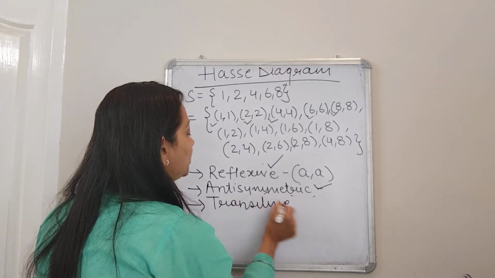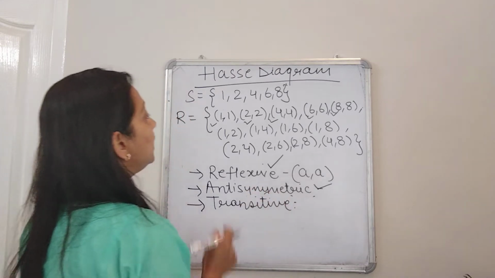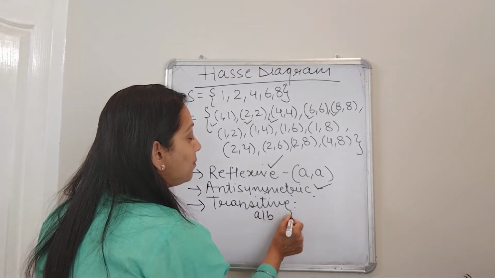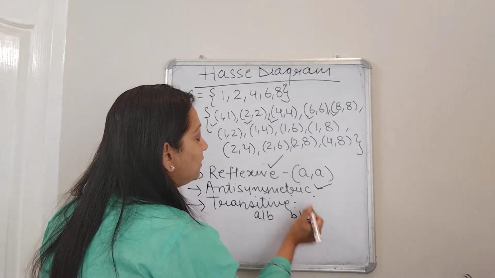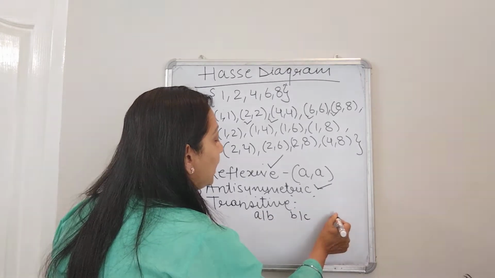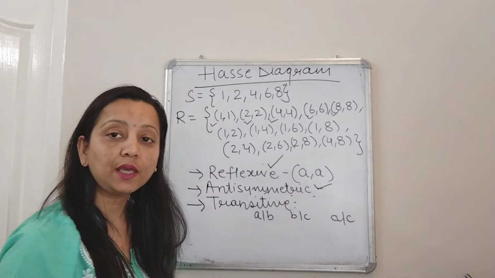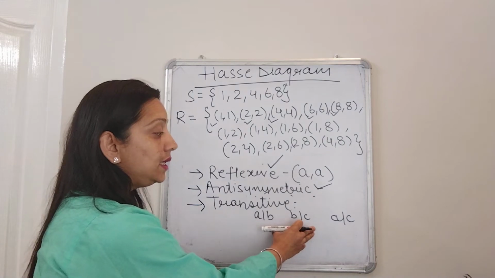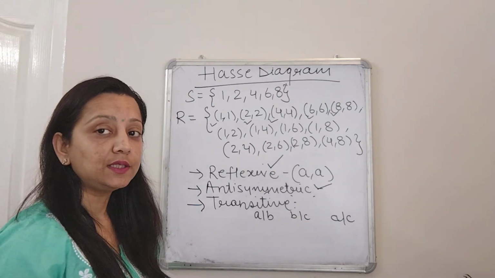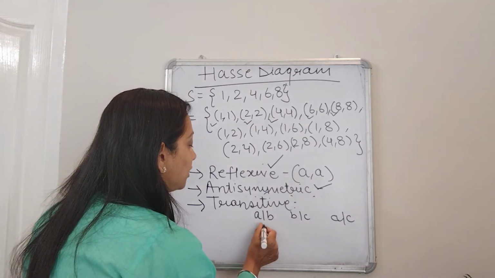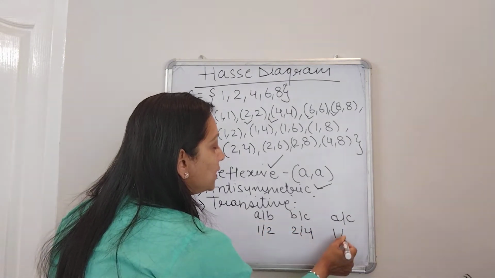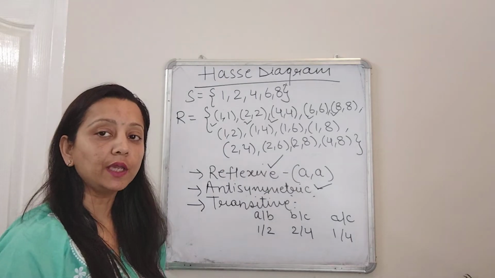I know it to be transitive: if A divides B, and if B divides C, then A must divide C. Yes, if A divides B and B divides C, then obviously A will divide C, because if 1 divides 2 and 2 divides 4, then it's quite obvious that 1 will divide 4.